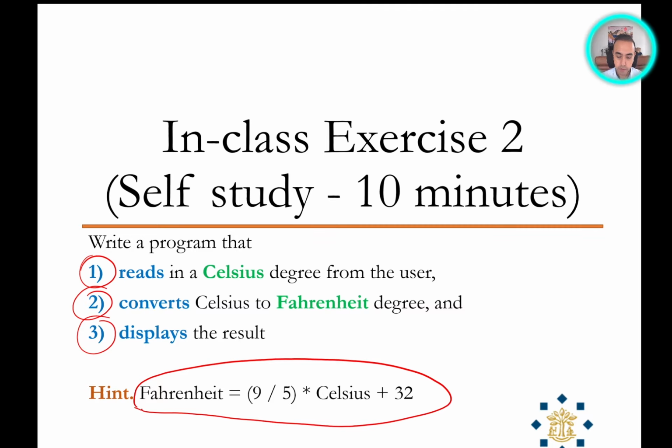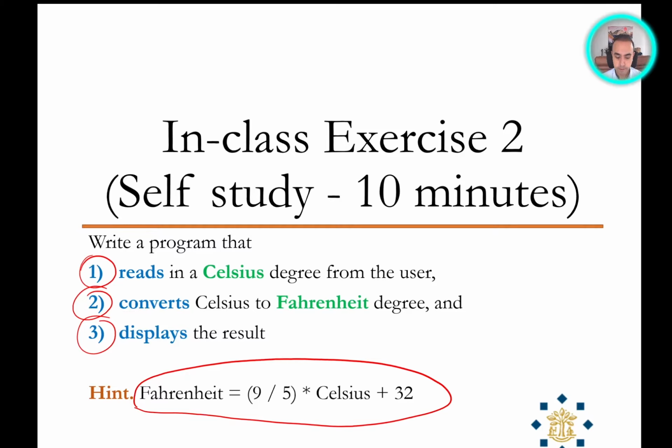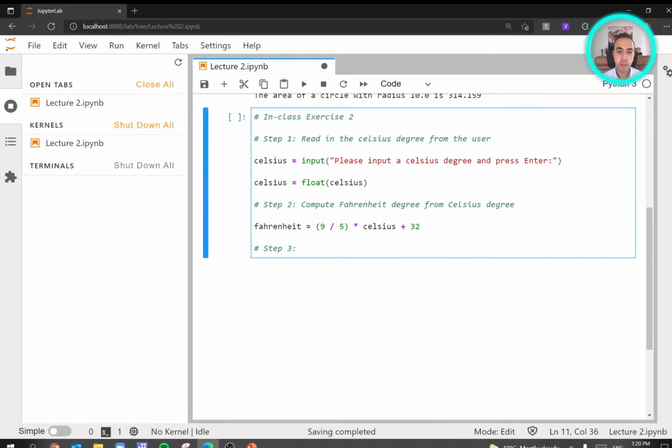So we have Fahrenheit, that is equal to 9 divided by 5 multiplied by Celsius plus 32. And so this is the second step. We computed the Fahrenheit degree and now display the result here.